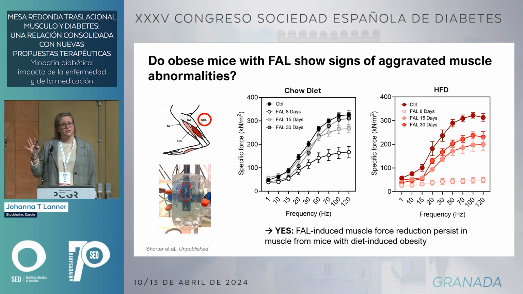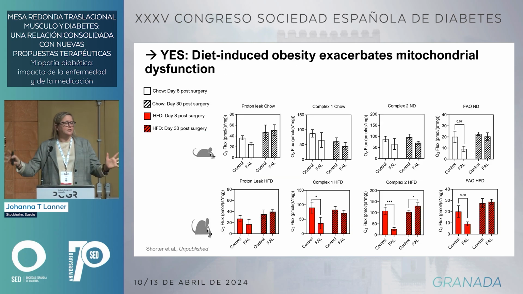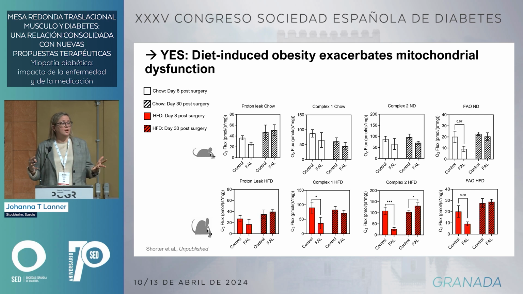And we also looked at the mitochondria, which is, as you know, the powerhouse of the muscle. I know that this is a messy slide, but just follow me here. So we did respiratory experiments on adult intact muscle, and the black and white here is the chow diet, and then it's with a control of the FAL.